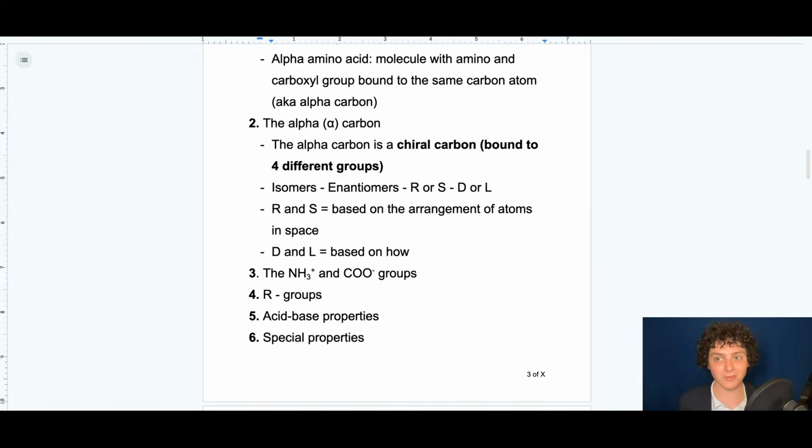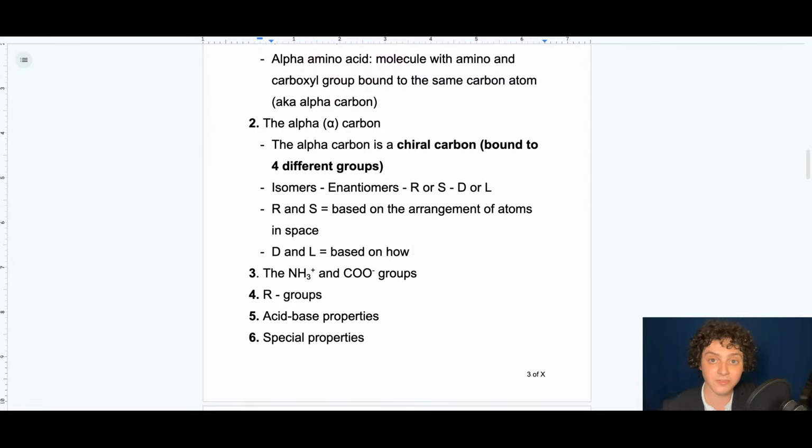So in organic chemistry, we learned how when you shoot polarized light through a sample of this particular kind of molecule, that polarized light will sort of bend at an angle, and that angle can either be positive or negative, and that determines whether it is D or L. So these 2 systems of categorizing chiral molecules are based on different properties of the molecule.